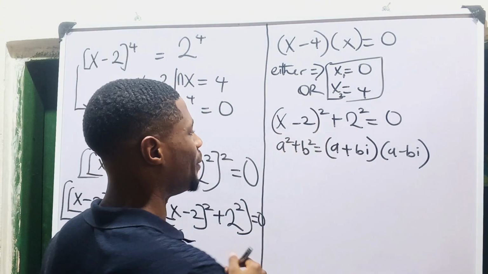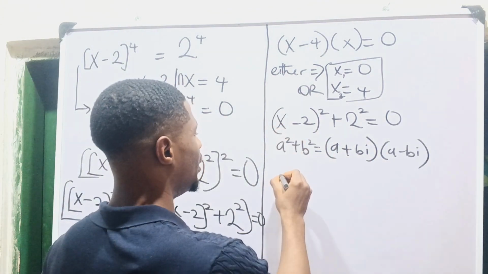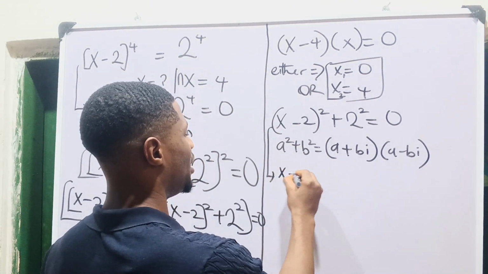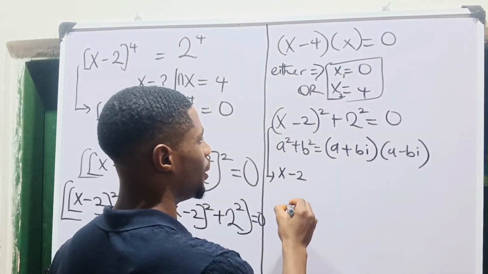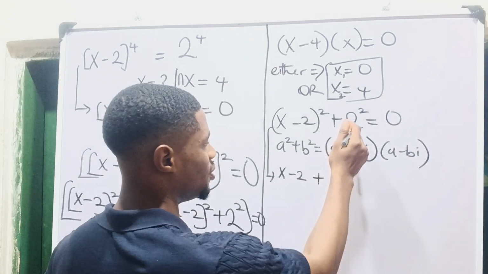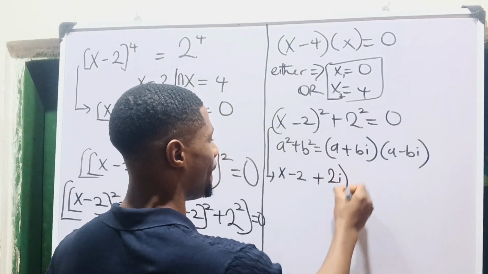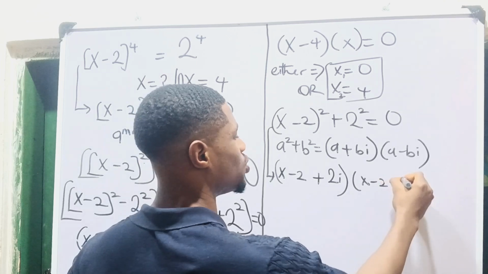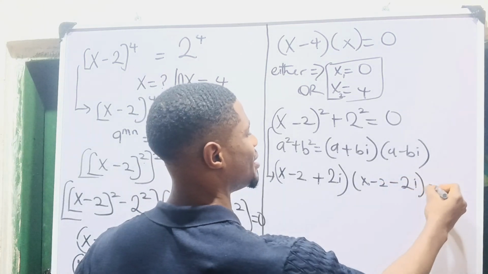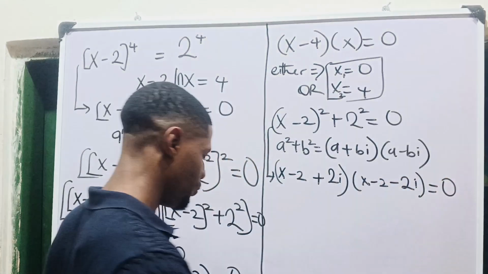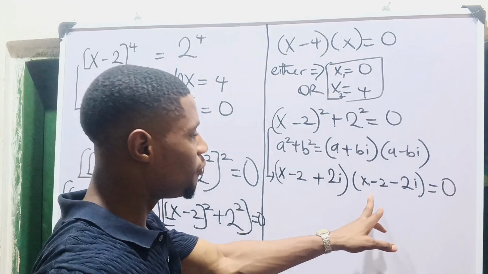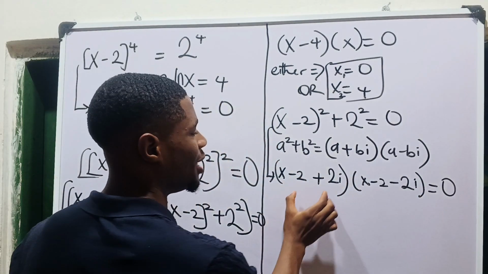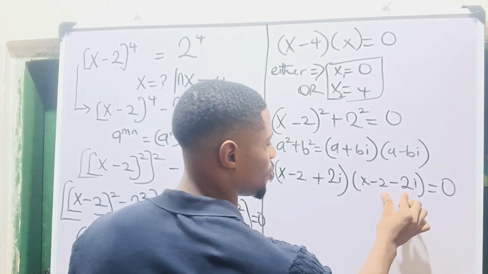Continuing from here, we can apply this law, and this will become (x - 2 + 2i) multiplied by (x - 2 - 2i), and this is equal to 0. So these are two things multiplying to give us 0, so either the first one is equal to 0 or the second one is equal to 0.